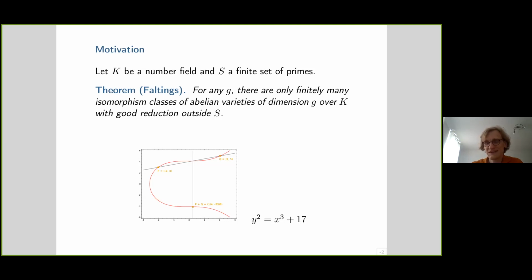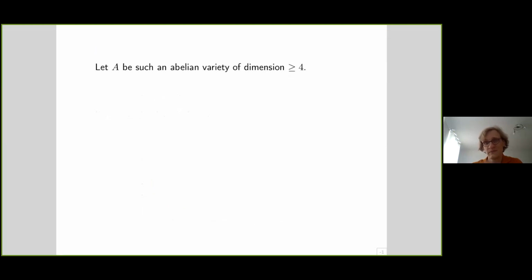Okay, so this is classical, but now more recently, Lawrence and Sawin have shown a similar result, in the general context of the Shafarevich conjecture, not for abelian varieties, but for subvarieties in a fixed abelian variety. So you take an abelian variety A, say of dimension at least 4.